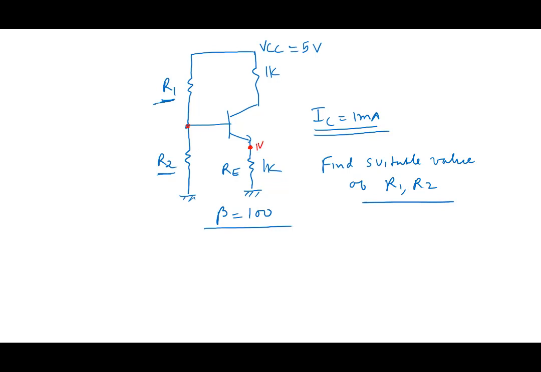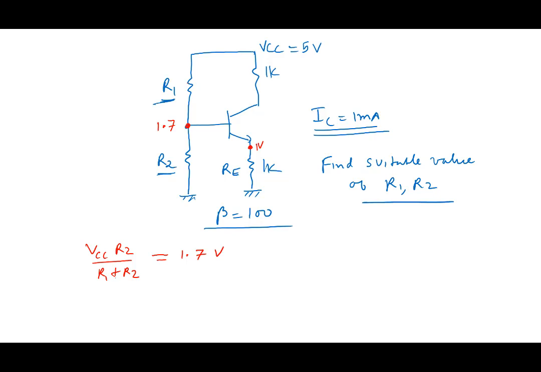And the value of this voltage? 1.7. All right, so this much we know. R1 and R2 we want to act like a voltage divider, which means VCC times R2 by R1 plus R2 should equal 1.7 volt. But that's not going to give us R1 and R2 on its own.